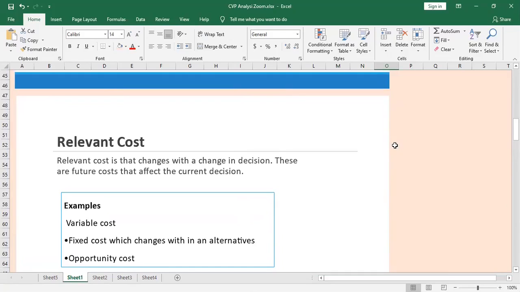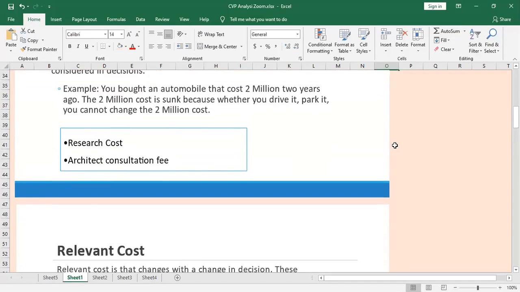Relevant cost is that which changes with the change in the decision. When you are making a decision, if something is going to change in terms of cost, we take it as relevant cost.